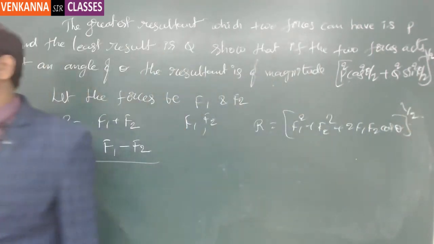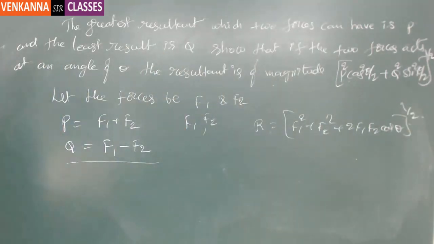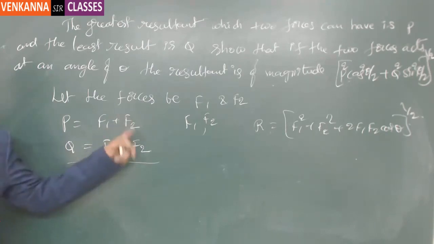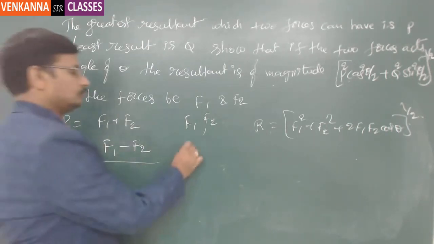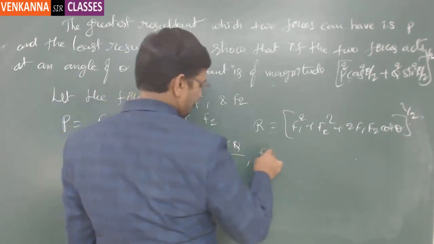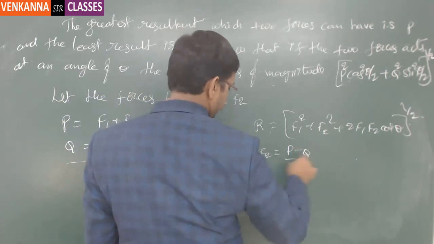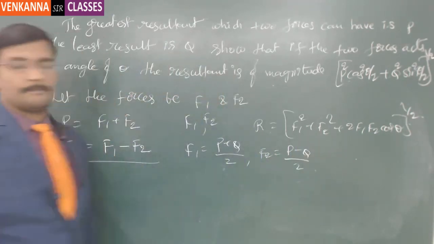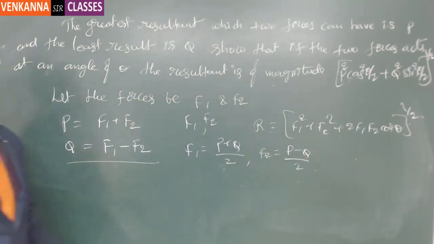You try to prove on your own now. So F1 is nothing but (P plus Q) by 2 and F2 is nothing but (P minus Q) by 2. I hope everybody got the answer for this.